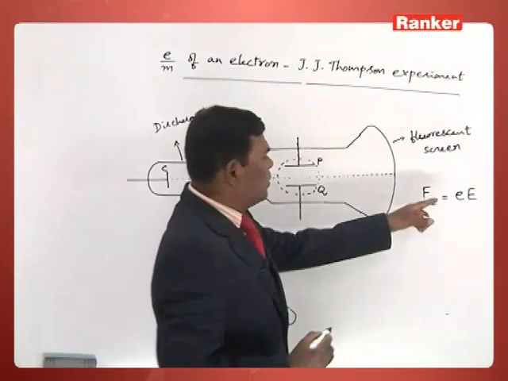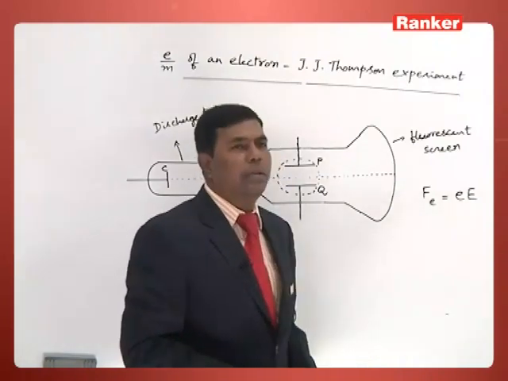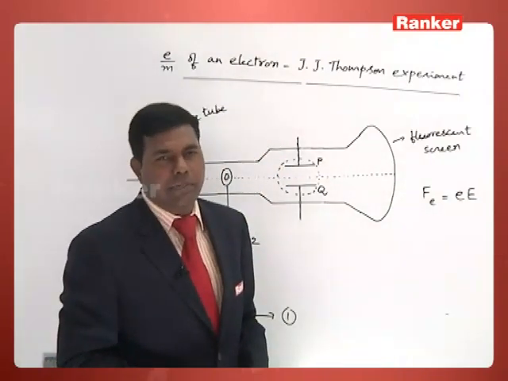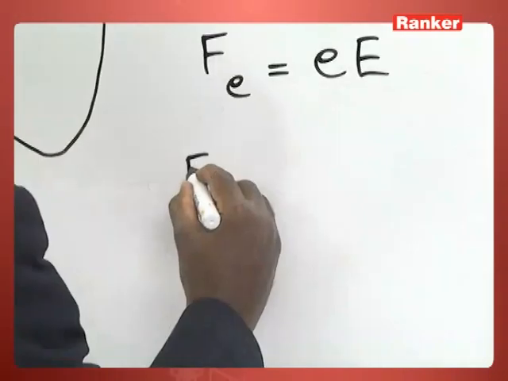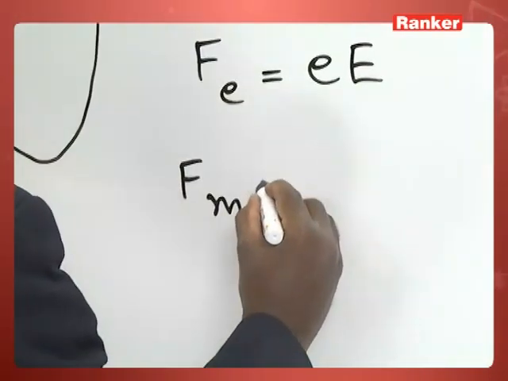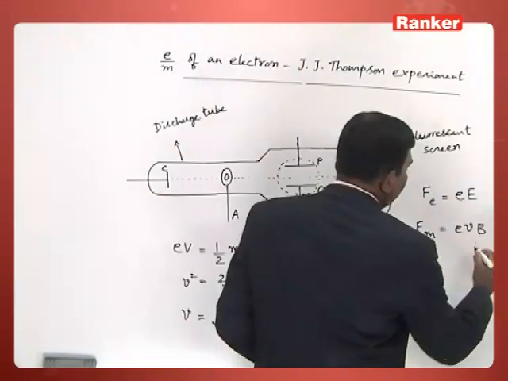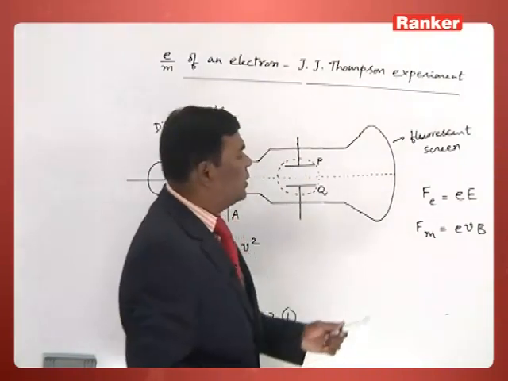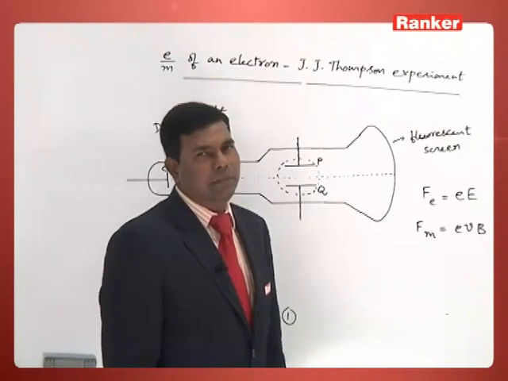Here small e stands for the charge of the electron and capital E stands for the electric field strength. Next, the magnetic force is given by Fm, which is equal to eVB. In that, V stands for the velocity of the electron and B for the magnetic induction applied to the electron beam.